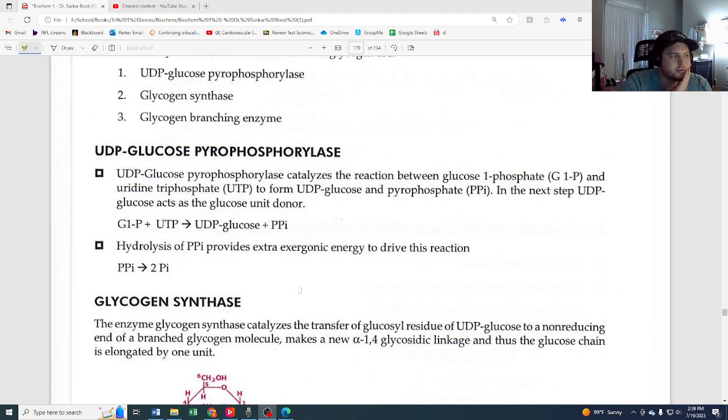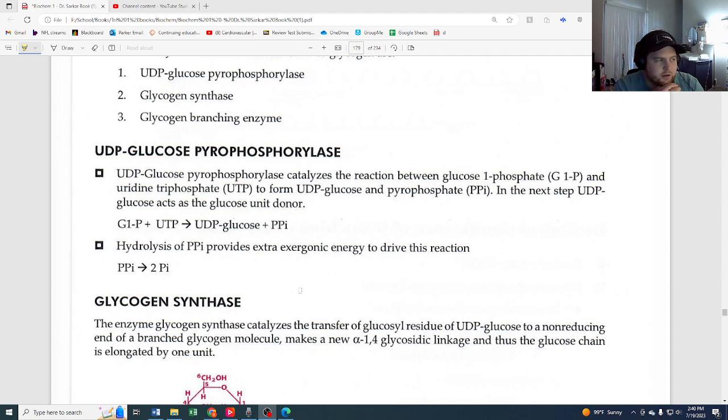UDP glucose pyrophosphorylase catalyzes the reaction between glucose 1-phosphate, or G1P, and uridine triphosphate, UTP, to form UDP glucose and pyrophosphate. In the next step, UDP glucose acts as the glucose unit donor.